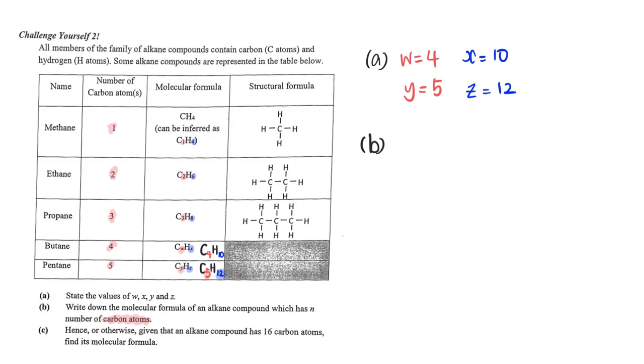I'm going to look at the C, and I saw that when the number of carbon atoms is 1, C is equal to 1. When it is 2, C is 2, so therefore, very straightforward, I will be able to get Cn. But for H, I do want to write out all the blue numbers so that we can try and devise a pattern for this.